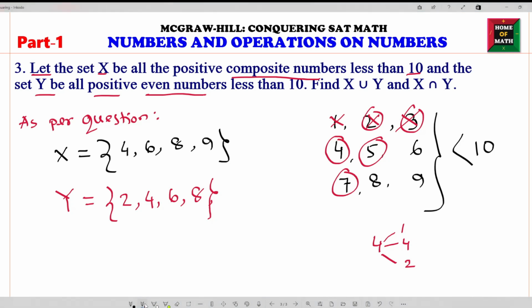So we already found set X and set Y. So here is the question: what is X union Y and X intersection Y?